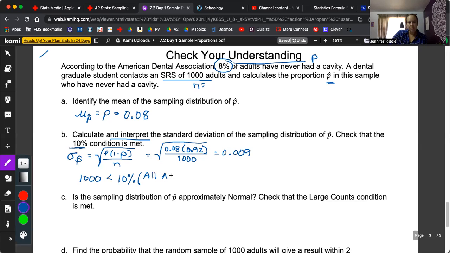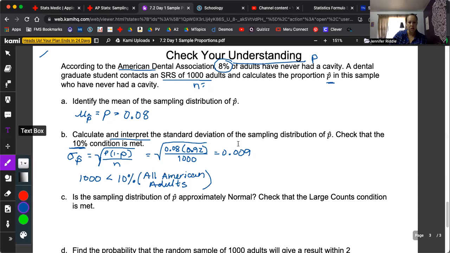And I'm being specific with the American because we're looking specifically at the American Dental Association. So yes, 1,000 is definitely less than 10% of all American adults.